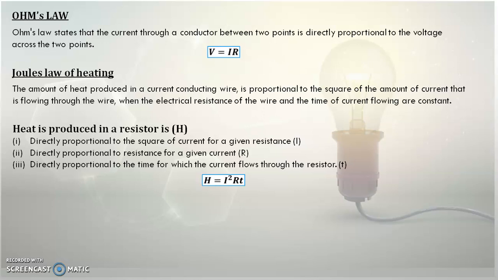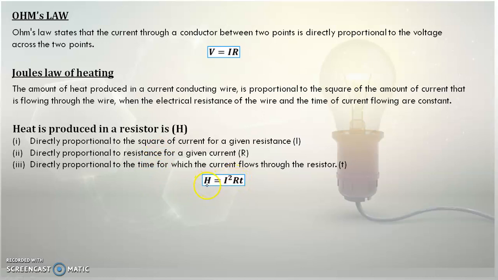Then it is directly proportional to the resistance R for a given current. Then it is directly proportional to the time for which the current flows through the resistor, and because it's time, we write it as T. If you combine all these 3 points, you get the equation H is equal to I square RT.